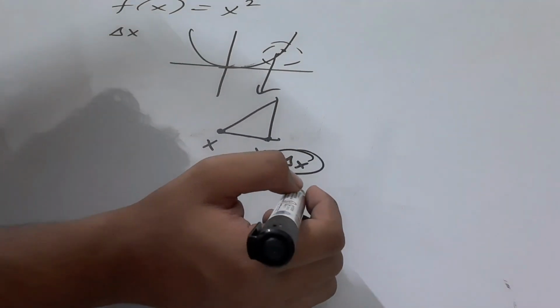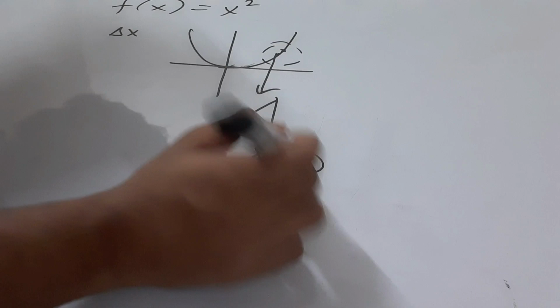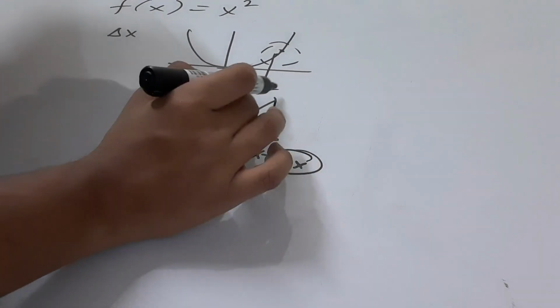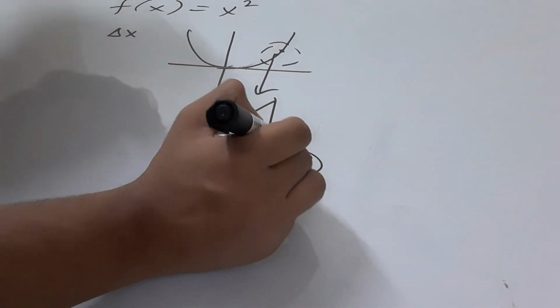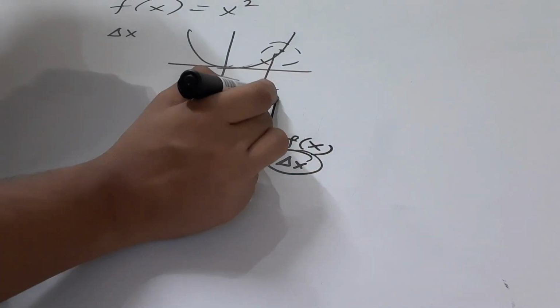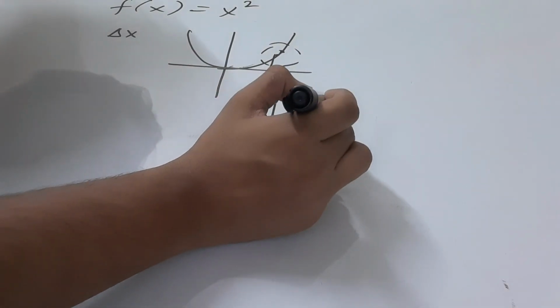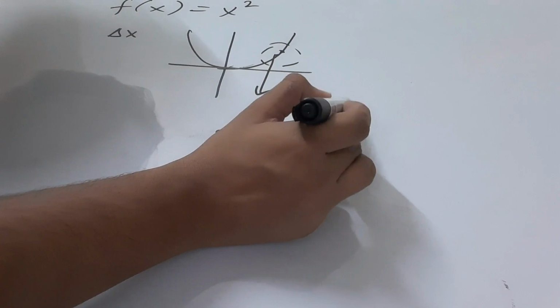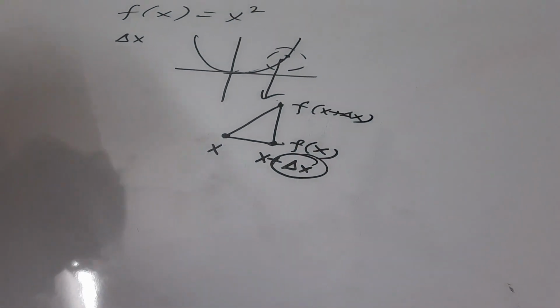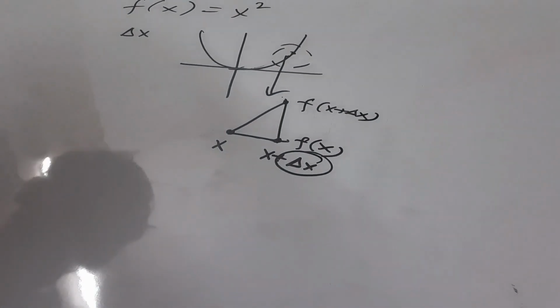Delta x is extremely small, almost equal to 0. And the y here should be f of x, and the y here should be f of x plus delta x, like that.